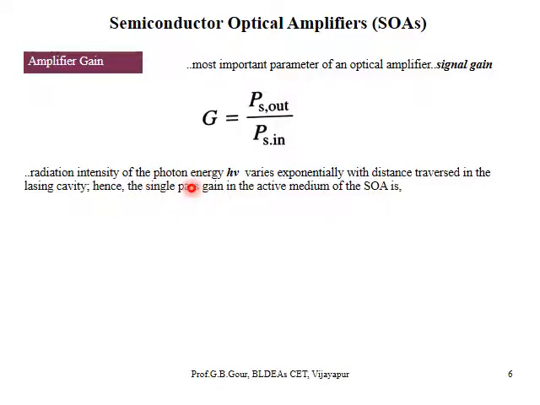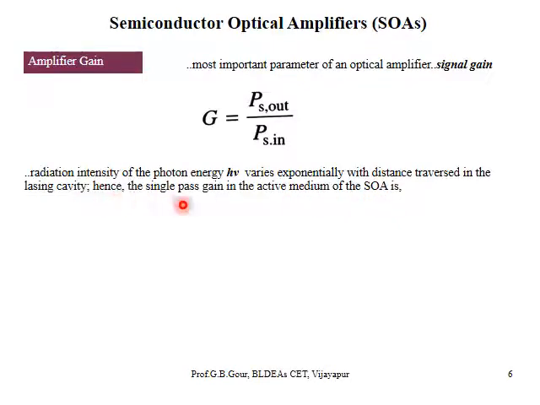So here also the radiation intensity, having this much photon energy, undergoes exponential variation with respect to distance. This you have to focus on here: exponential variation of the photon energy of a radiation intensity with respect to distance in the lasing cavity.